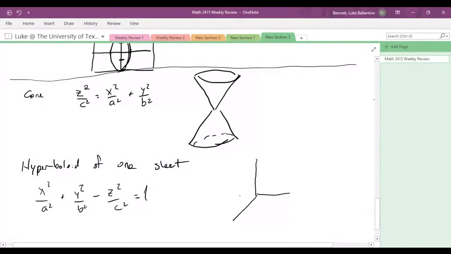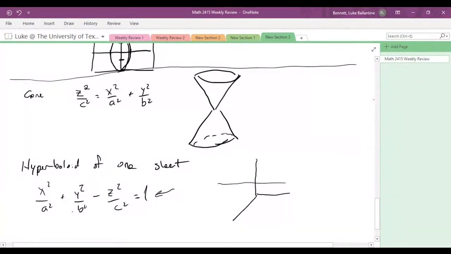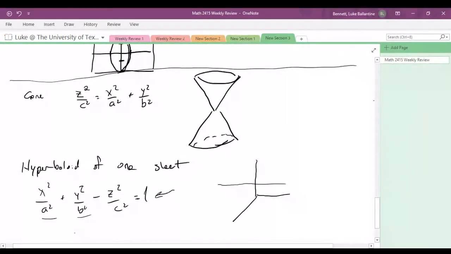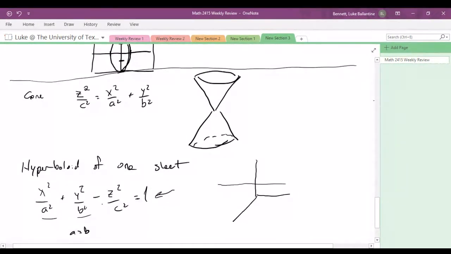What are the horizontal traces? What shape are the horizontal traces? If I was to draw a horizontal slice based on this equation right here, circles. Oh yeah, not parabola, ellipse, because we're assuming that A and B are different. If A equals B, then the horizontal traces would be circles, but they're ellipses right now because it's the general form.